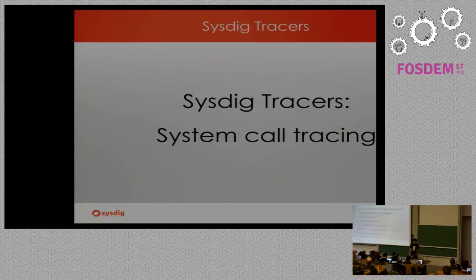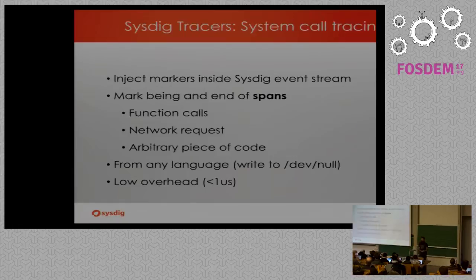So the idea is to inject markers inside the sysdig event stream. These marks can basically scope anything. We can mark function calls in our code, network requests, any piece of code. You can do this from any language.